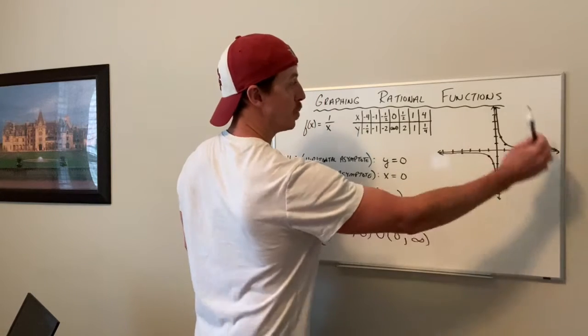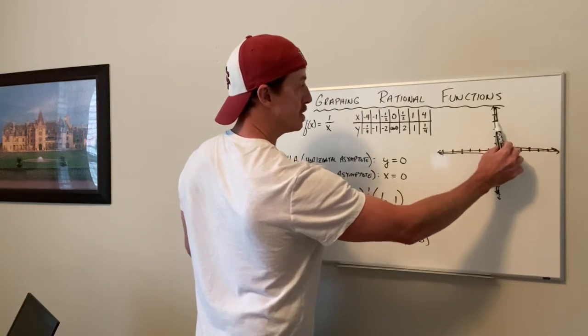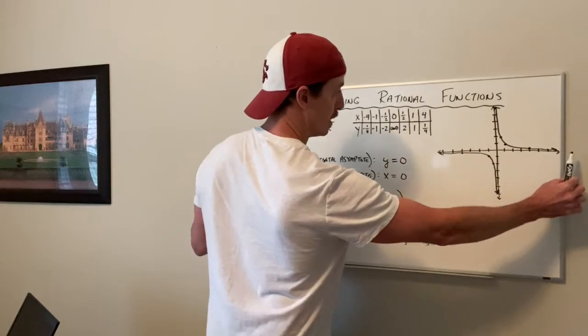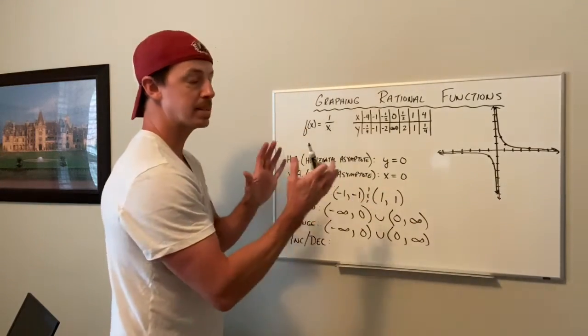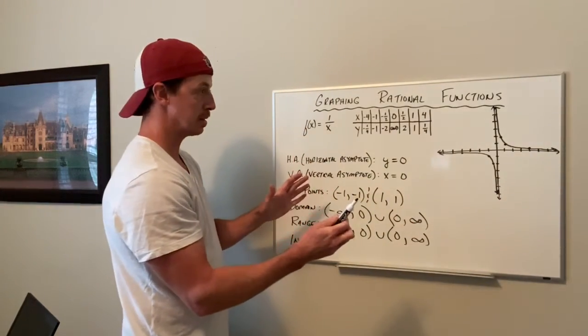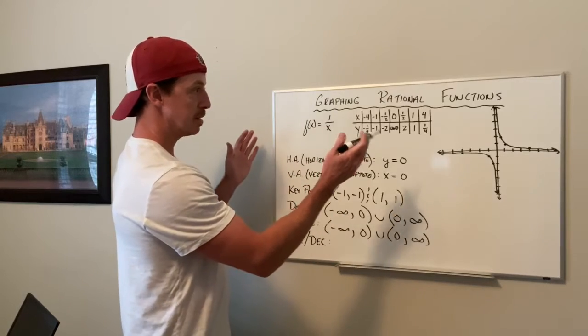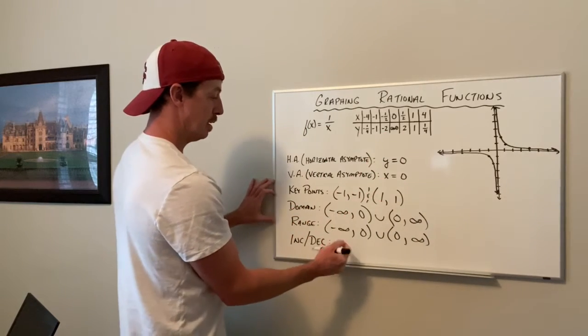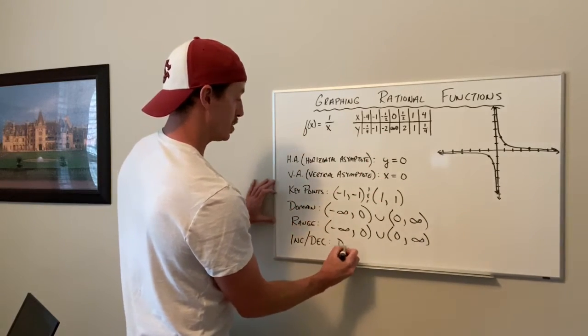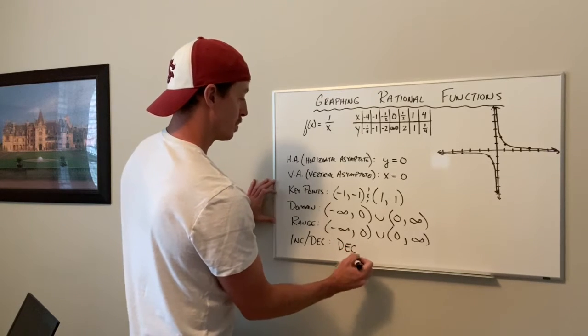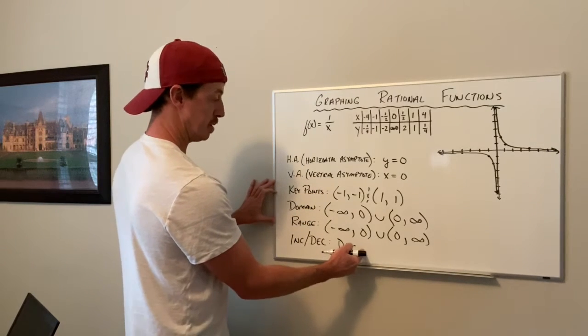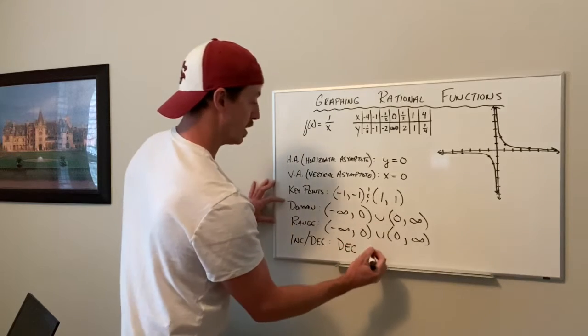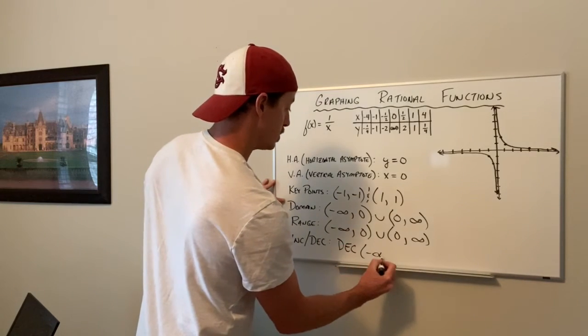And even if you were to jump over to this side, it's still on its way down. So this thing's entire domain is decreasing. So if it's always decreasing, we'll just say decreasing, and then our response will just be the same as our domain, because it's always decreasing.